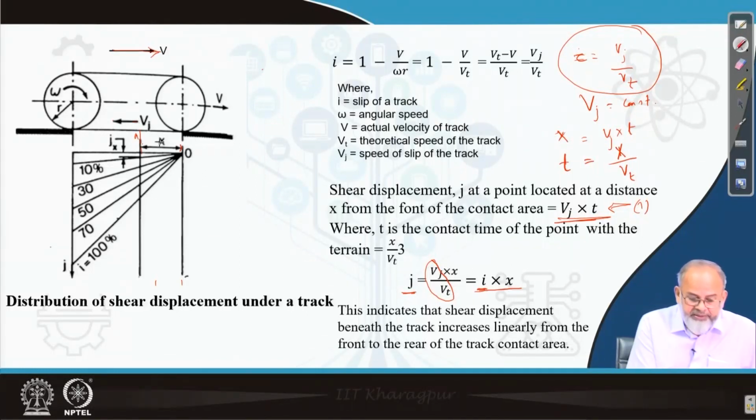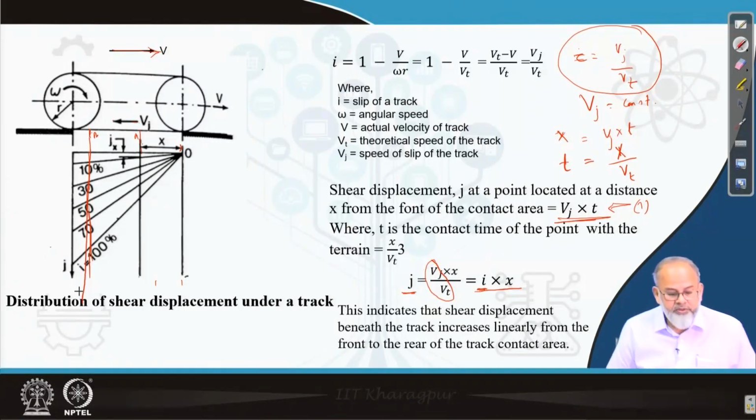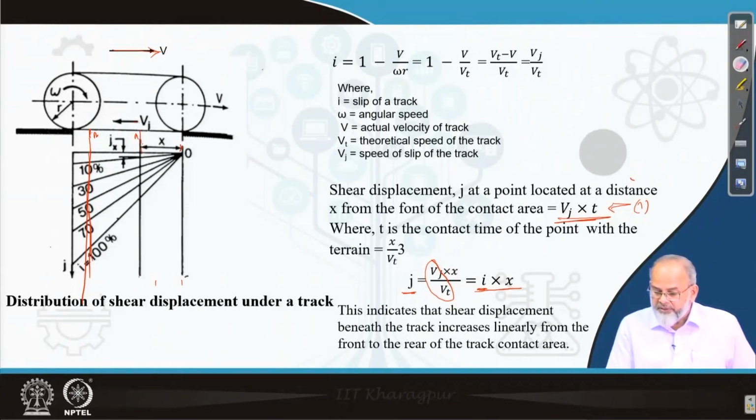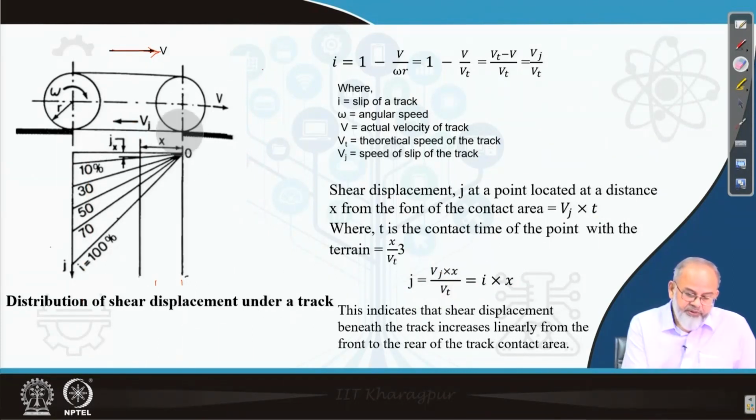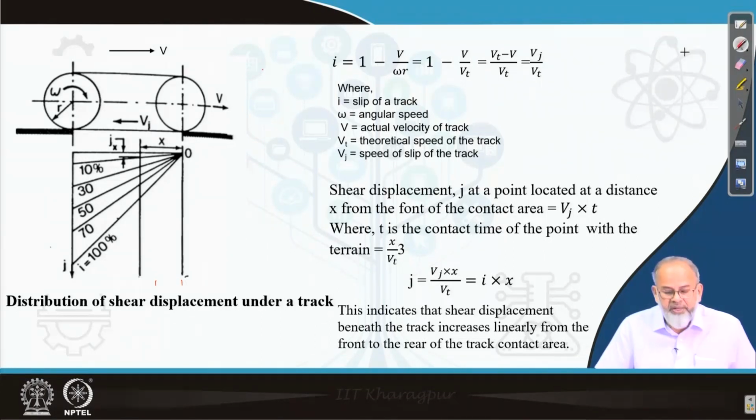Now suppose I increase this distance to this point. So this is the point B. So now this will be the displacement. If I draw a vertical line, this will be the shear displacement. So next question is, what will we do with this shear displacement? Once you calculate shear displacement, what next? So next is to find out what is the relationship between shear stress and shear displacement.